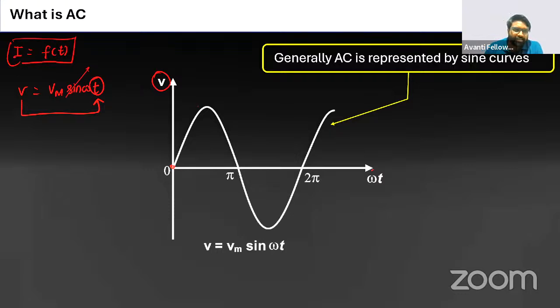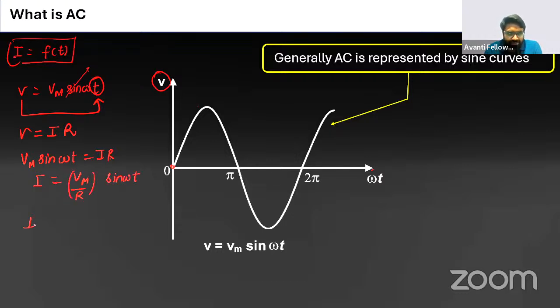Similarly, if you want to calculate current here, it is very obvious. You can apply Ohm's law, V is equal to IR. What is the value of V we have? It is Vm sine omega t, which is equal to I into R. You can take this R here. So I is equal to Vm upon R sine omega t.